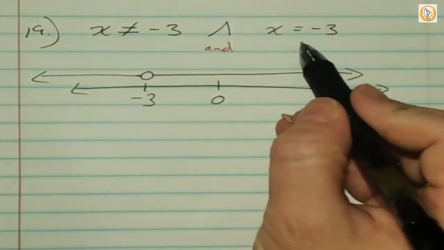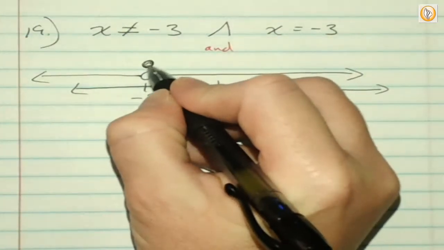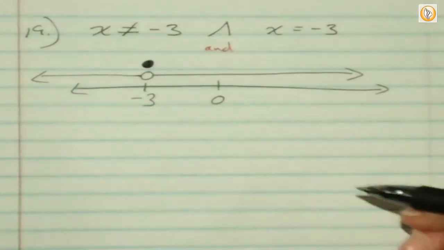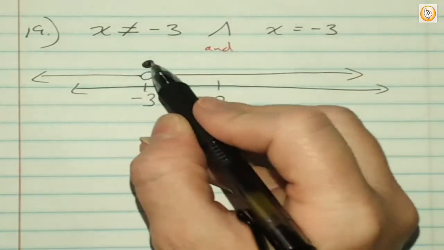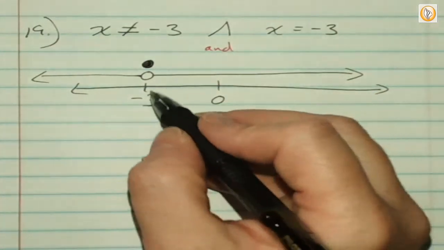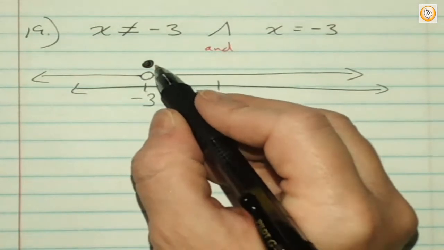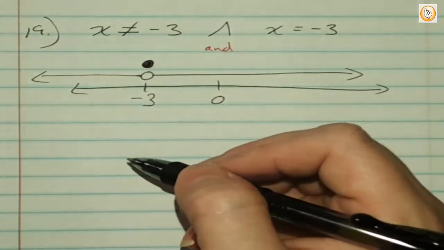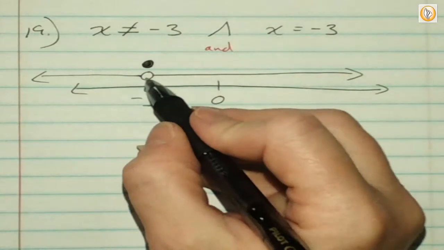Now let's graph this one. X can only be -3. There's no arrow because it's not an inequality. X can only be -3. This one, x does not include -3. This one, it does. So do they have anything in common? Yeah. What do they have in common? -3. Wait, no, they don't, never mind.